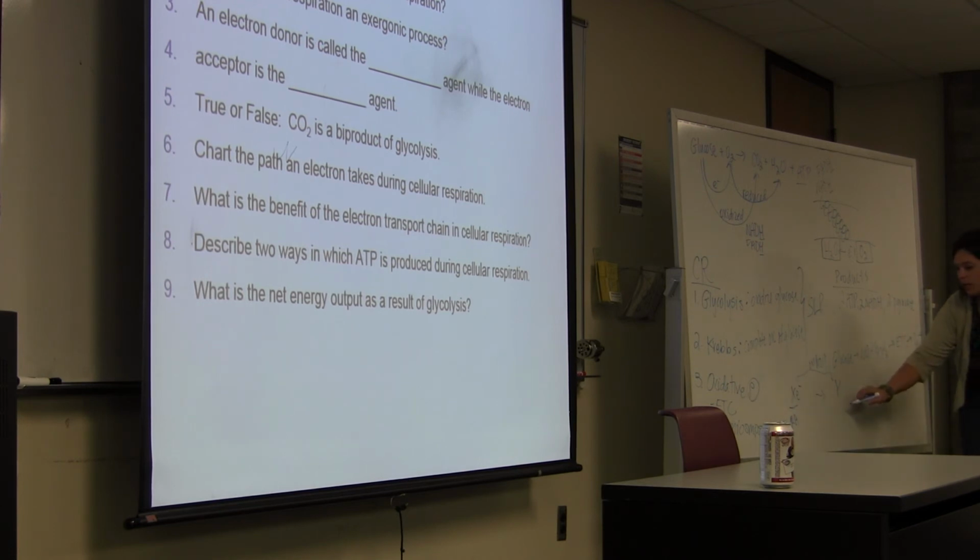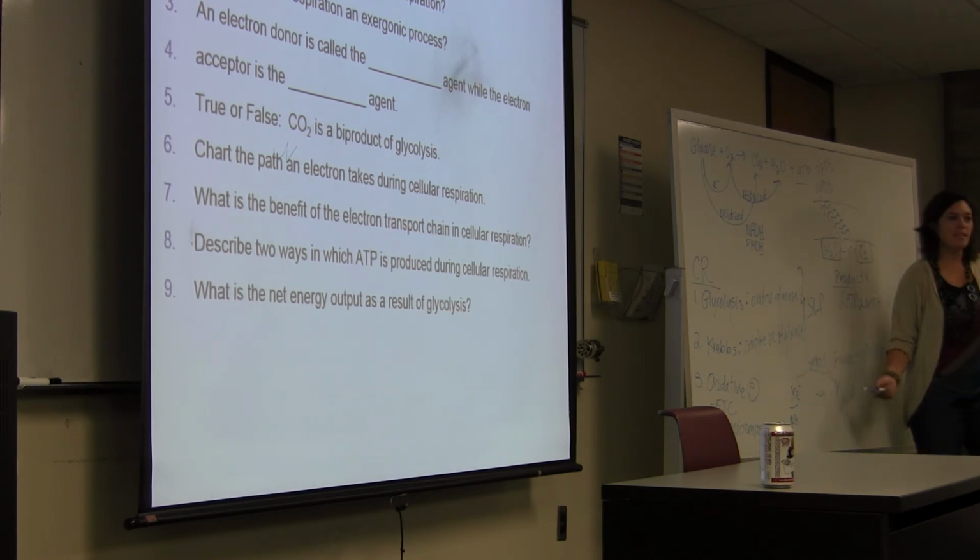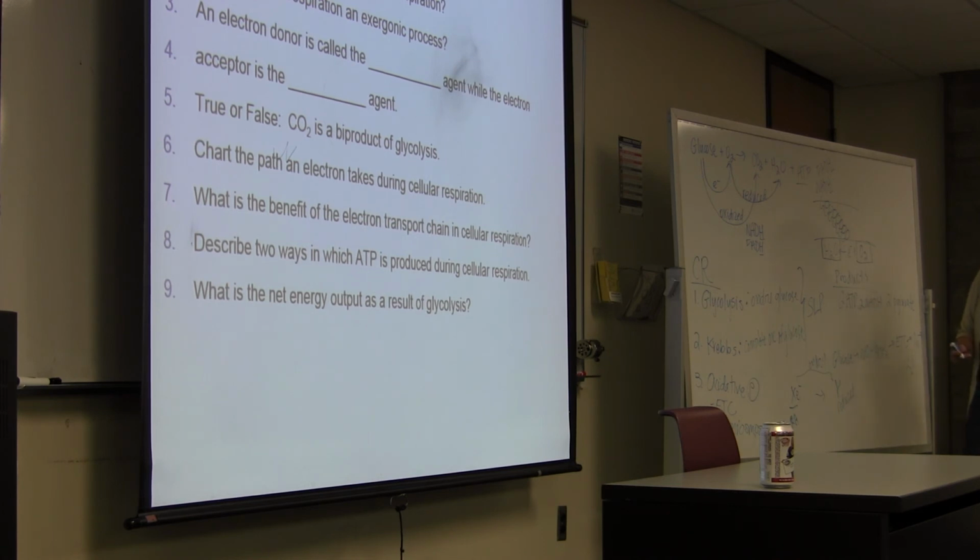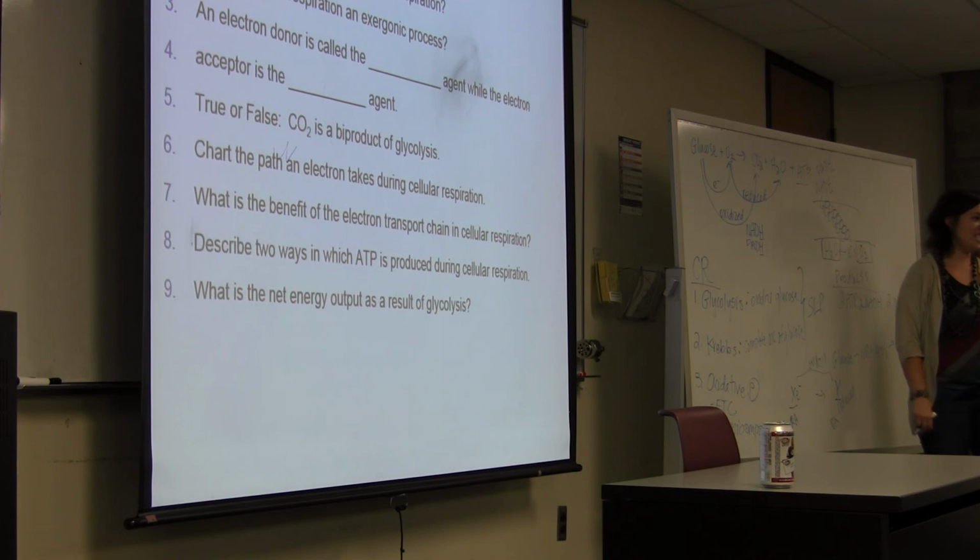Whereas this is going to be reduced, right? It's going to be reduced because it's going to gain that electron. And so we call this the oxidizing agent. I know it makes no sense. It's backwards. But whatever it is in your notes, which I'm pretty sure is the way it is, that's accurate. Don't ask me why it's that way.